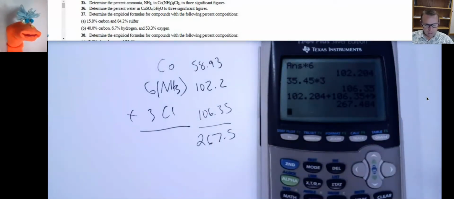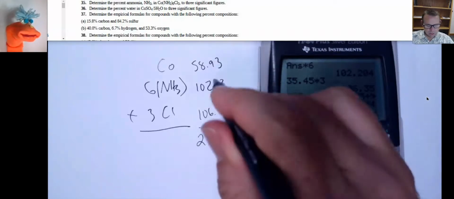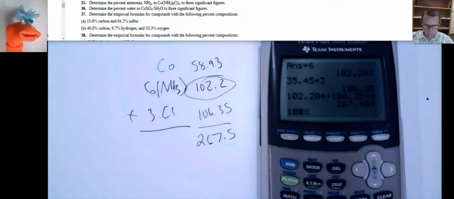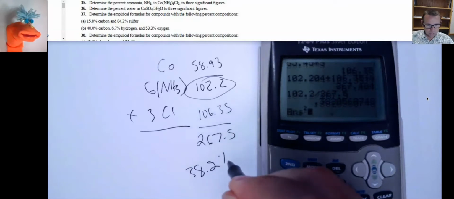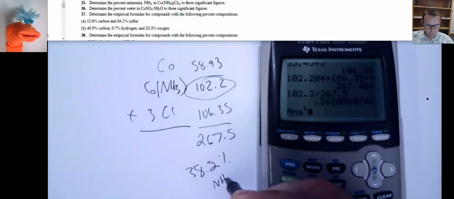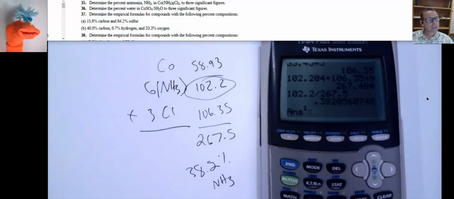Okay, and that's our total mass, and then we just take the 102.2 divided by the 267.5. So about 38.2% of that is our ammonia. Okay.